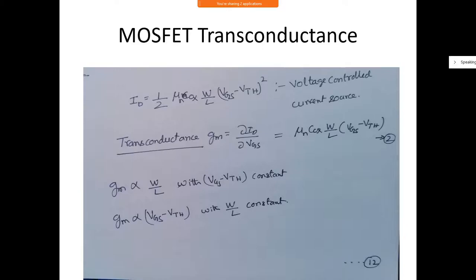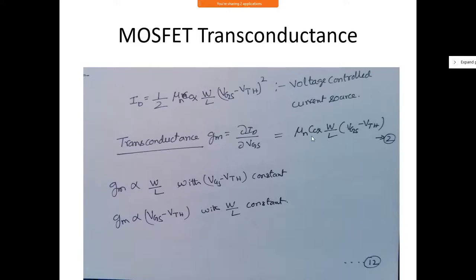Because constant means the user will not have any decision-making power, or he cannot change the values of mu and Cox. Whereas he can change the width of the transistor, he can change the dimension of either width or the length, he can change VGS. The user has the option to change only W, L and VGS, even practically.